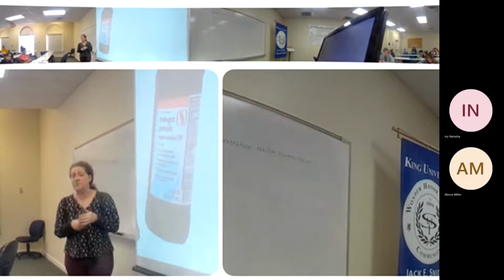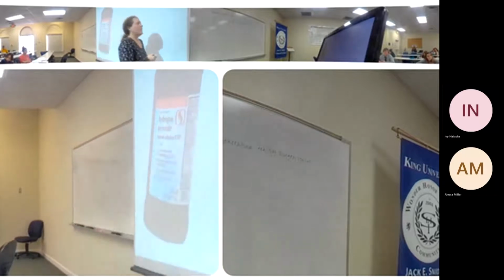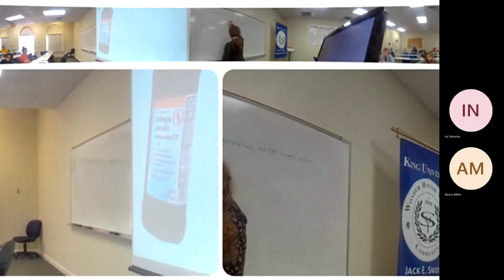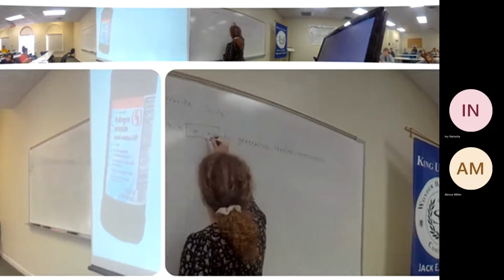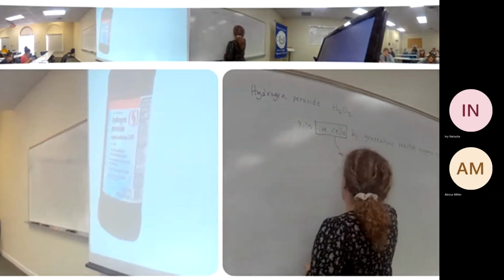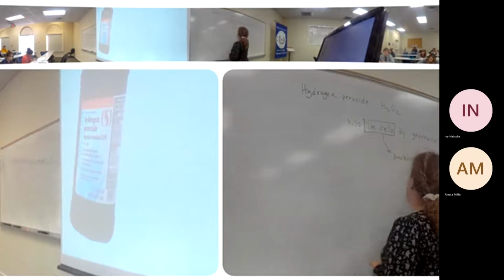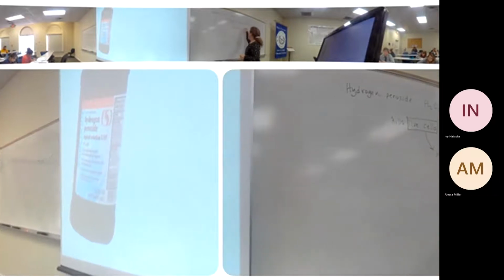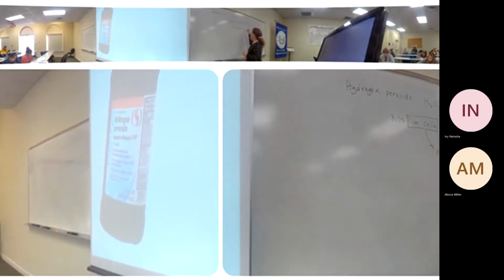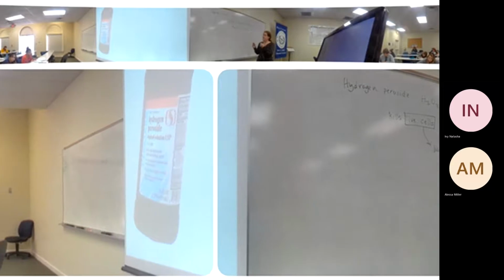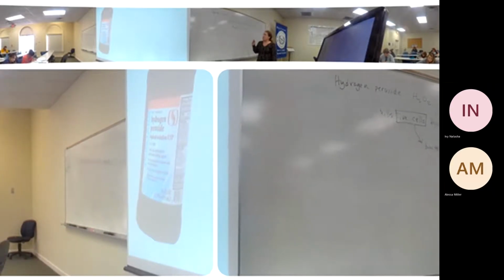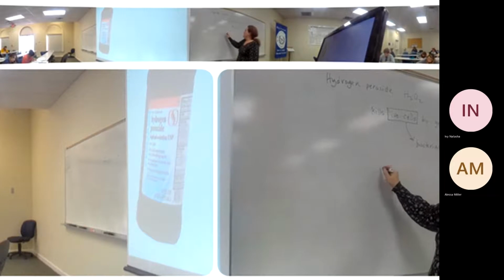And this includes our own cells also. So when they say that hydrogen peroxide would kill living cells, that would be bacterial cells or human cells or any kind of cells. I'll come back to that in just a minute.